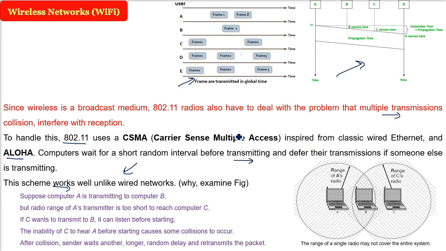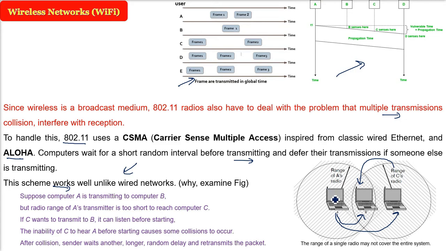I'll give you a scenario here. How does it work? Suppose computer A is transmitting to computer B. But A and C are out of range; that is, the radio range of A's transmitter is too short to reach computer C. Now, if C wants to transmit to B, it can listen for whether someone else is transmitting. But as you see in the picture, A and C cannot talk.